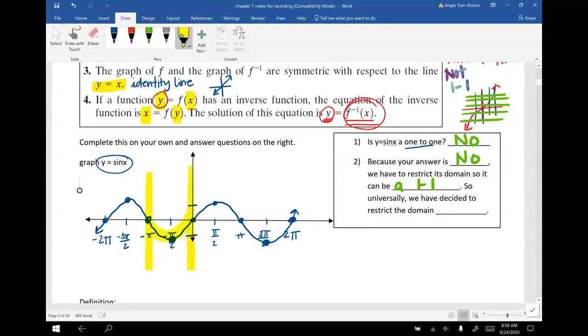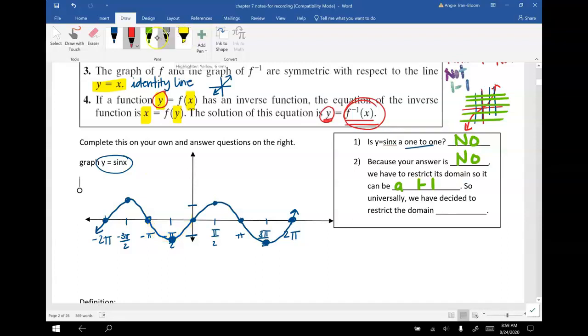Would this piece right here be one-to-one? That would not be one-to-one, because if I draw this horizontal line, it is not intersecting at most one time. Remember, if it's more than once, then it's not a one-to-one. So that's not okay.